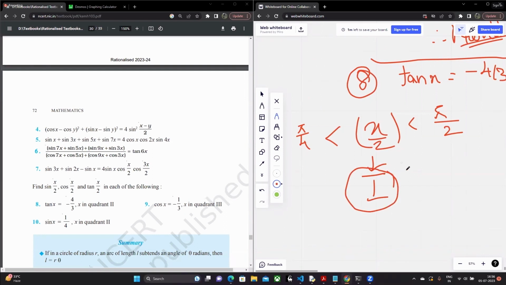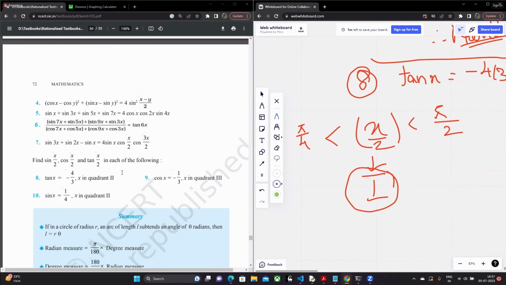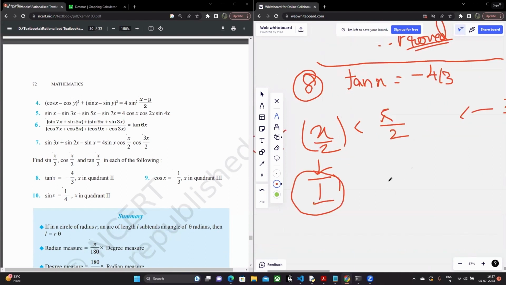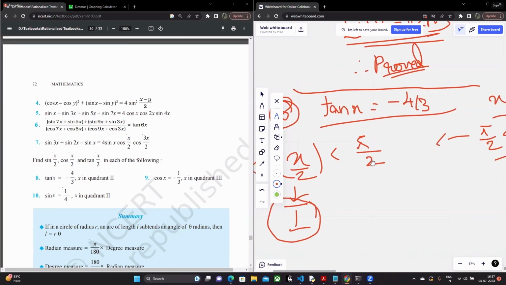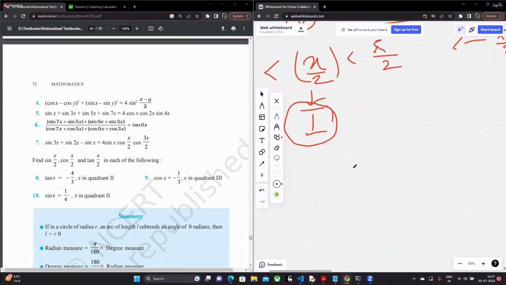All right. Having this in mind, we know that tan x is minus 4 by 3. And you know that your tan of x by 2.